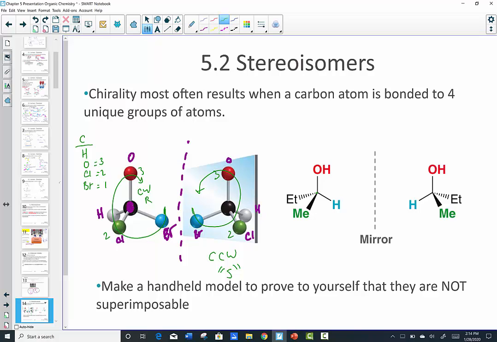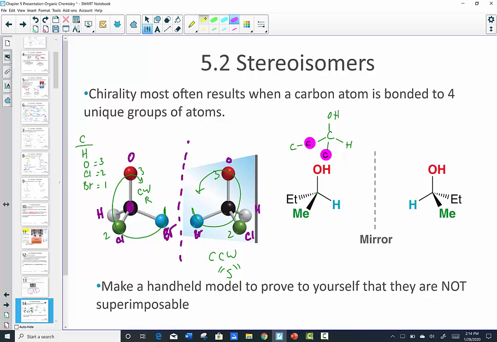Here's another example. Here we have a chiral carbon. In one direction it's attached to a hydroxyl. Here's a hydrogen. Here's a carbon. Here's a carbon to carbon. Now, you might want to argue that maybe those aren't unique groups because the carbons directly attached to that chiral carbon, are they the same or are they different?